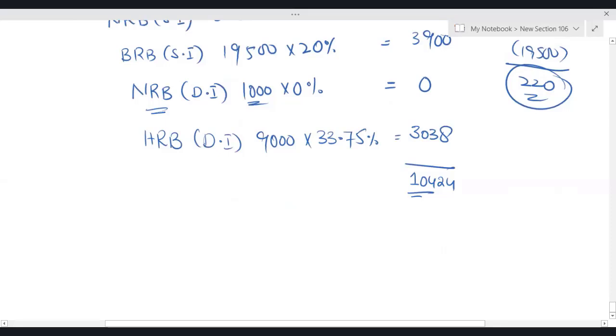And we know that 12,570 is called the personal allowance. So only those individuals who have income more than 12,570 are required to pay income tax.